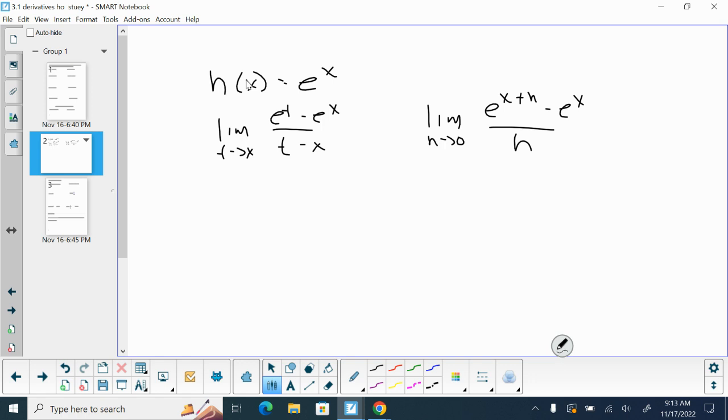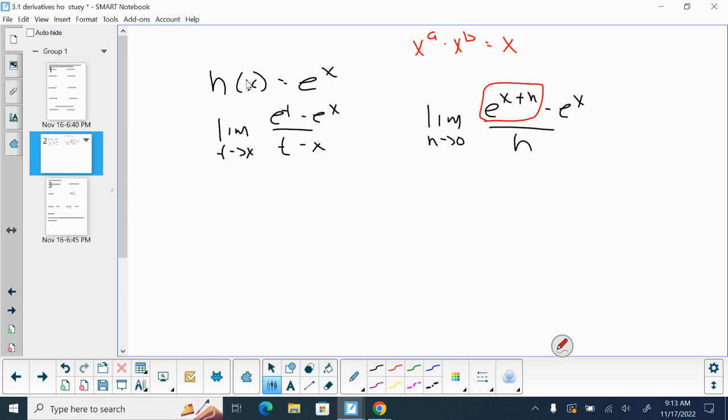Well, what it allows us to do is use properties of exponents to be able to separate those two. If I have x to the a times x to the b, and I want to combine these like bases, what do we have to do with the exponents? Add them.